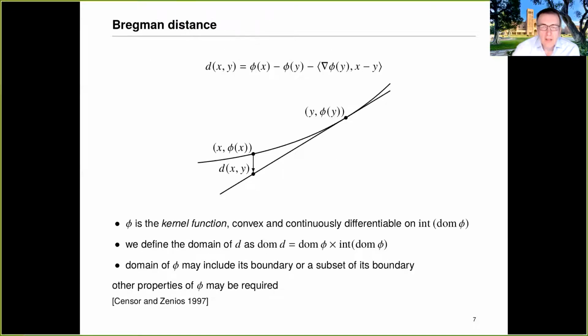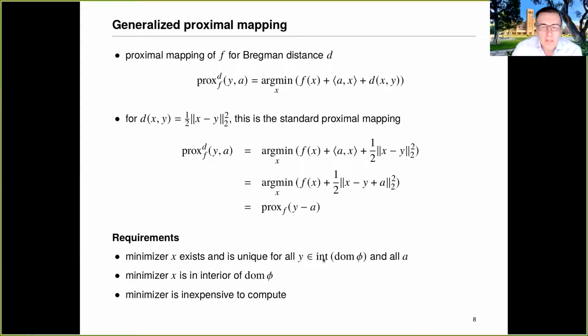And then we can use that to define a generalized proximal mapping. In at least the methods we'll discuss, the extension would be defined like this. So we take the function f, and to define a proximal mapping of f, we add a linear term with the general coefficient a, and then the generalized distance between x and y.